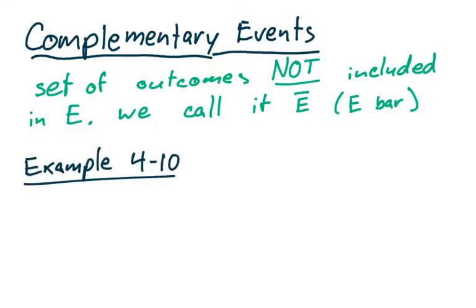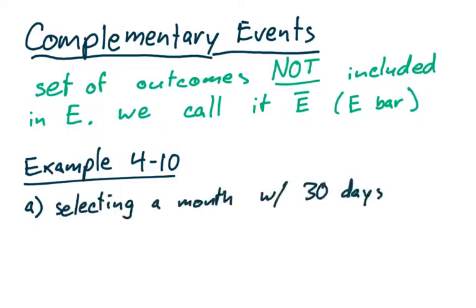In example 10, we will go ahead and find the complement of several events. In this first part, part A, they say to find the complement of this event. The event is selecting a month that has 30 days.